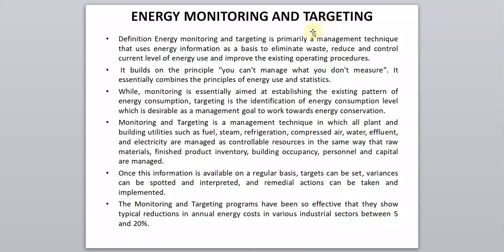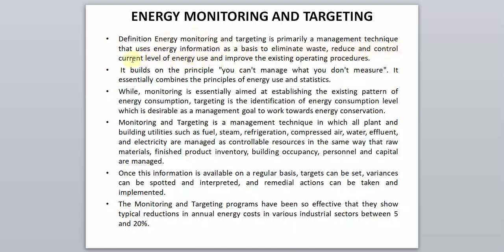You have already seen it is a management technique that uses energy information as a basis to eliminate waste. Here energy information is nothing but the energy consumption data, per year, per week, per day, or per month, etc. On that basis, eliminate waste, then reduce and control the current level of energy use.